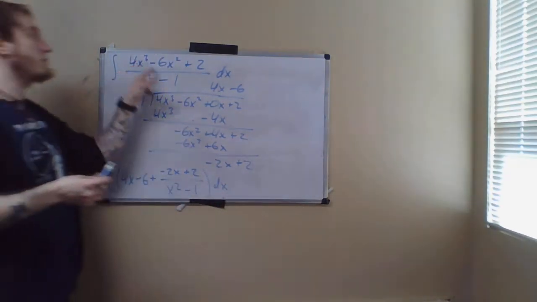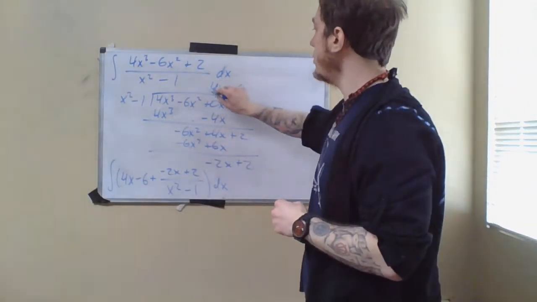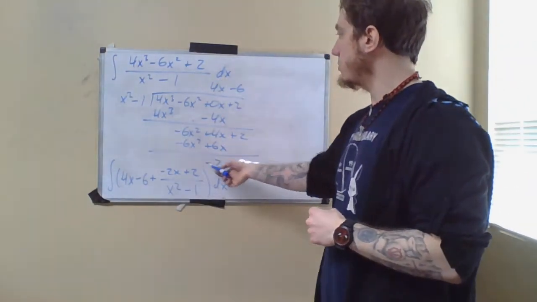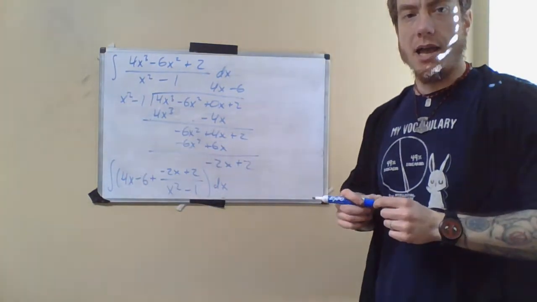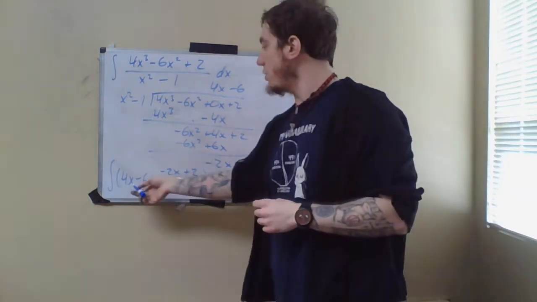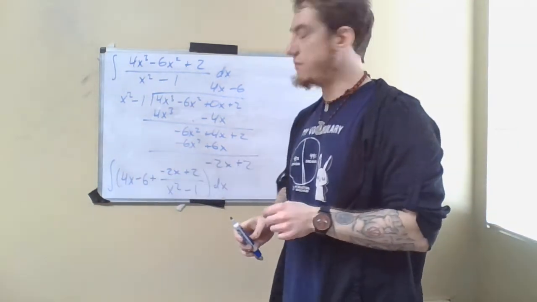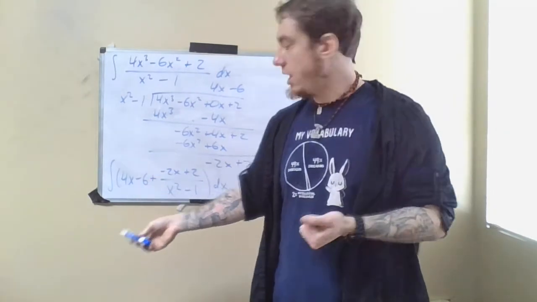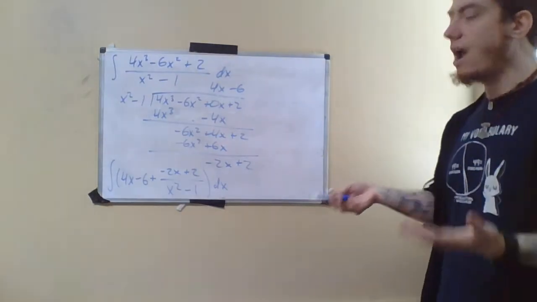All I've done is rewrite this rational expression as a quotient polynomial plus a remainder polynomial over the divisor polynomial. Now the first part of this integral we can take care of just by integrating the polynomial, and the last part we can do by partial fractions.